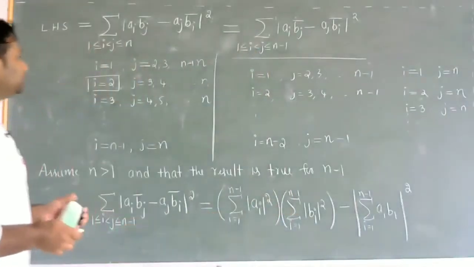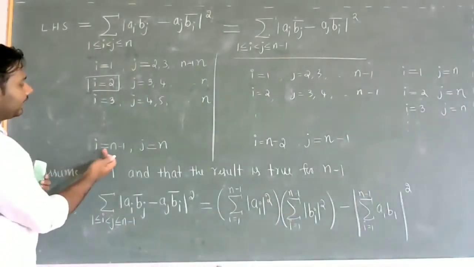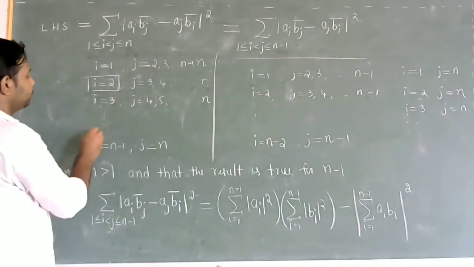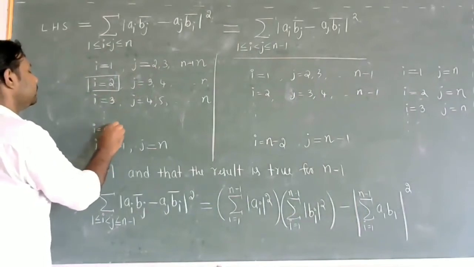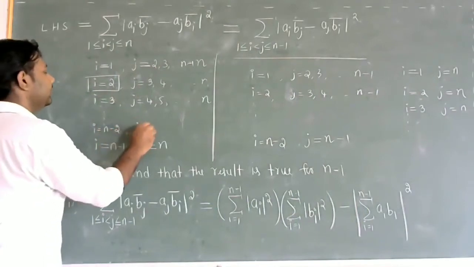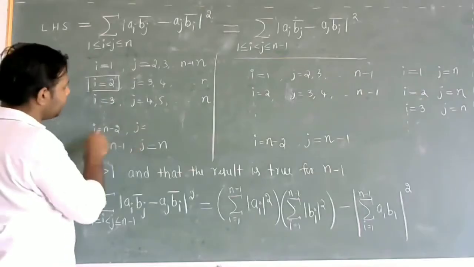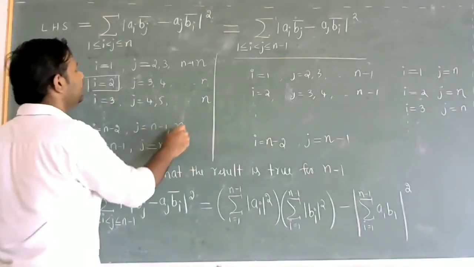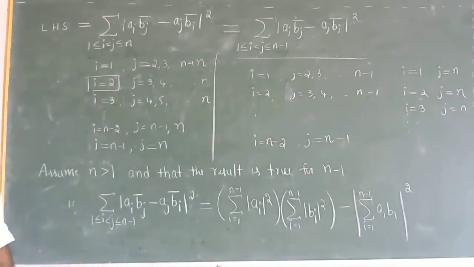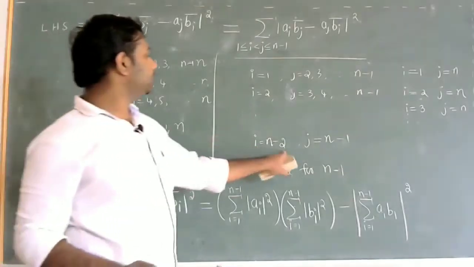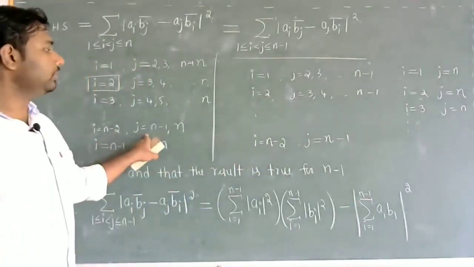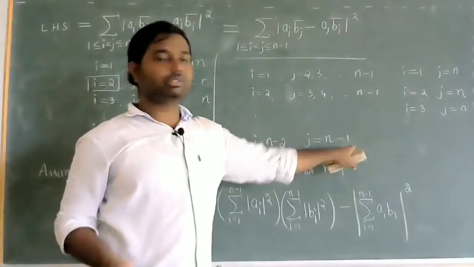Similarly, here i is equal to n minus 1 is there. The previous will be i is equal to n minus 2 and j takes the values greater than i, that is n minus 1 and the maximum value n. So for i is equal to n minus 2, I have taken only the n minus 1 value.